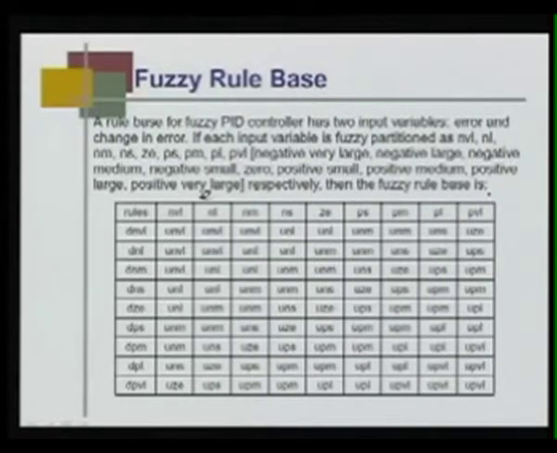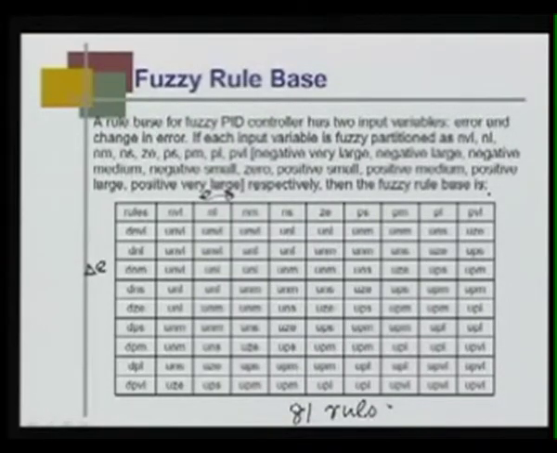This is my error and this is my change in error. Error is negative very large, negative large until positive very large, and the change in error, D, is a differential term. D simply refers here to change in error. That is also negative very large, negative medium, and so on, fuzzy partitioned into 9. So, 9 into 9, obviously the number of rules is 81.